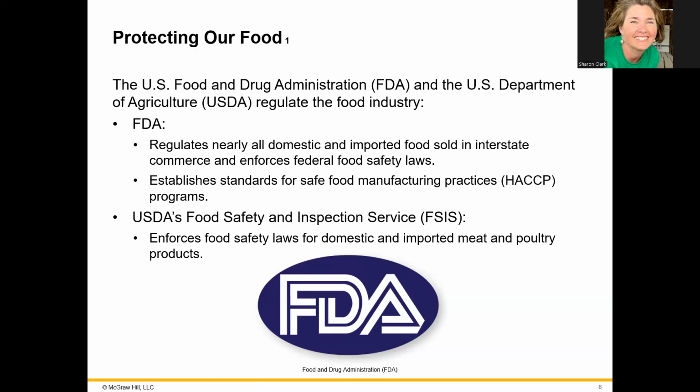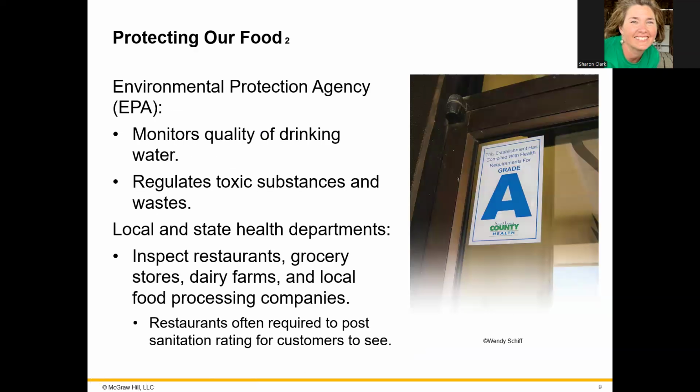The USDA enforces food safety laws for meat and poultry products that are both domesticated and imported. Your Environmental Protection Agency here looks at water quality for drinking water. It looks at regulating wastes, landfills, and sewage treatment, those kind of things.